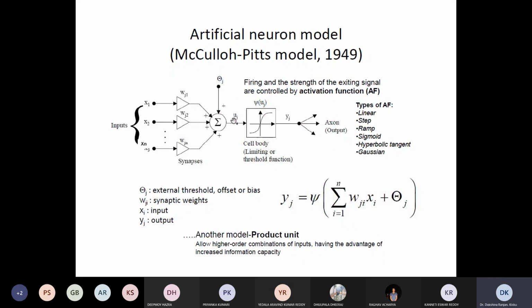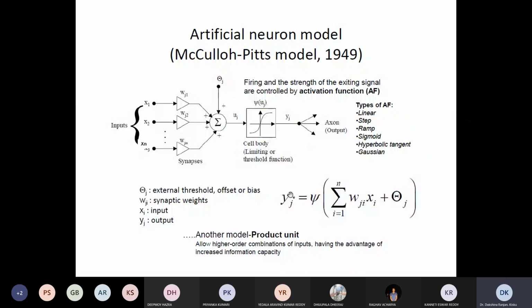Here uj is the output from the aggregation unit, and this is provided to the activation function. The activation function can be compared with the cell body or soma, which is responsible for transforming the output generated from the aggregation unit to another output, denoted by yj.